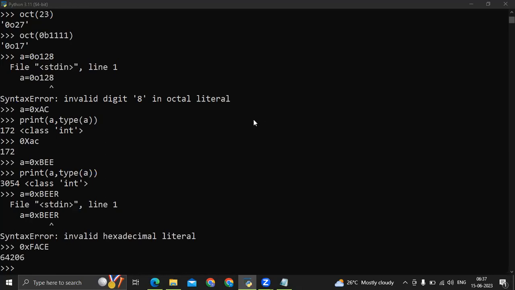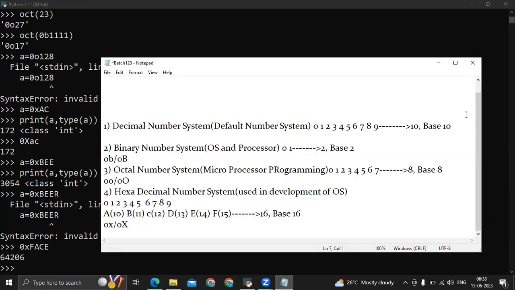Students, when we talk about float, it is a predefined data class. It is also a fundamental data type. What is the purpose of the float data type? It stores the real constant values or floating point values.